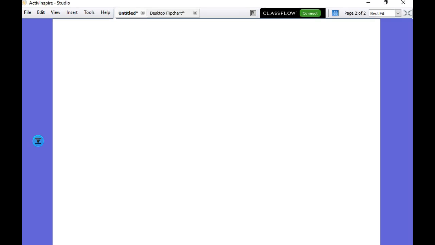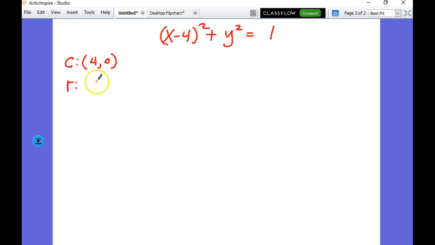X minus 4 squared plus y squared equals 1. Okay, so my center is 4, 0, right? My radius is, what is it? 1.